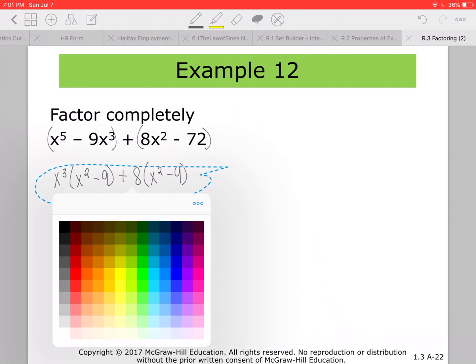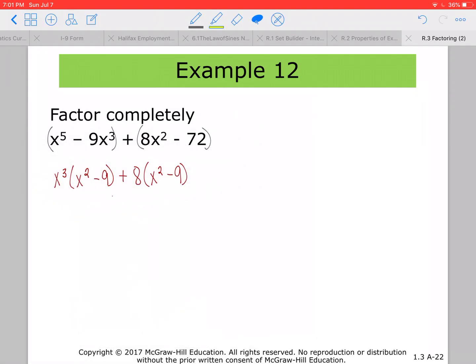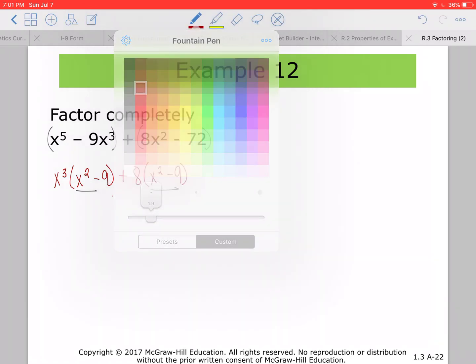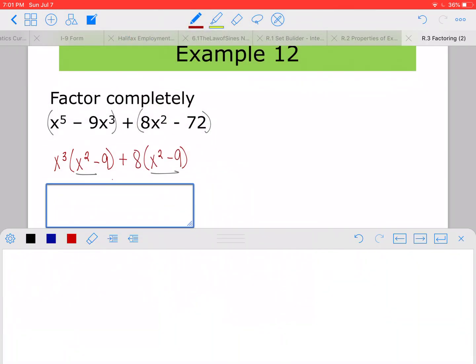There we go. You can see our little binomials there are the same, and so we can bring them out: x squared minus 9, and then we've got x cubed plus 8.